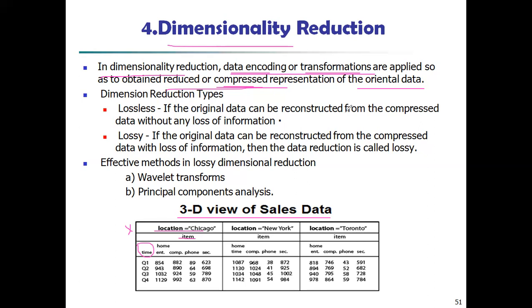Each and every point of the actual data, we are going to change into some other form. By using either one of these methods, we are going to compress the actual data to reduce the dimensionality of the data. This kind of reduction is called dimensionality reduction. Clear?